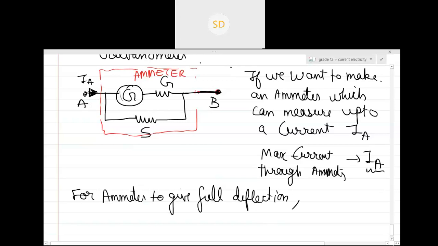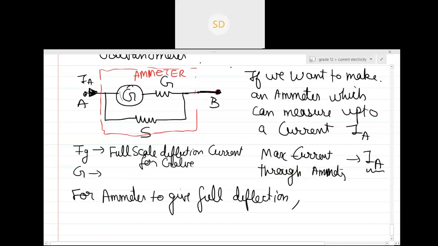What current should pass through the galvanometer? IG, yes. So basically from this IA, I want IG current to pass through the galvanometer.